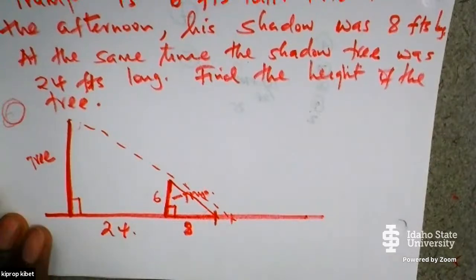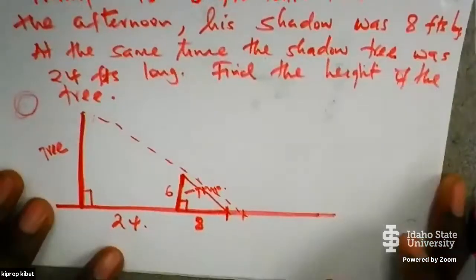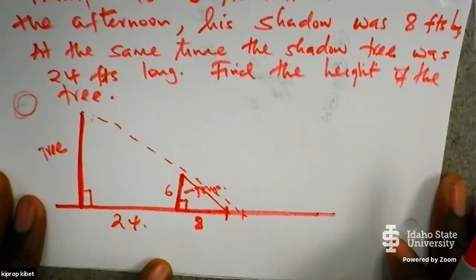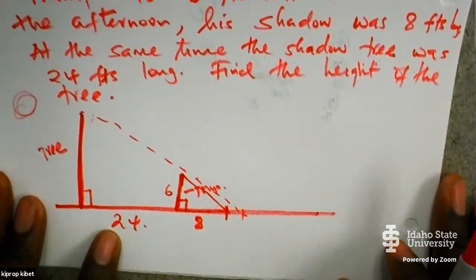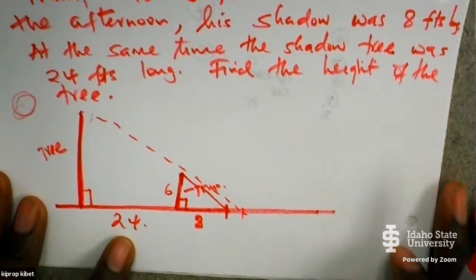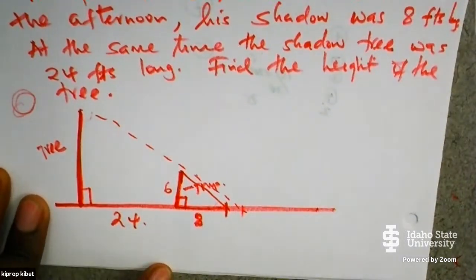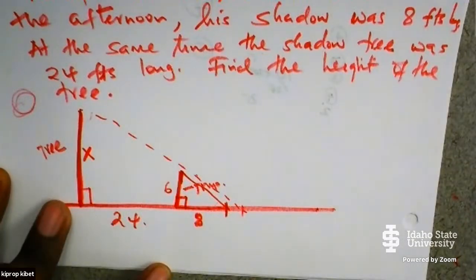So what is the height of the tree? What do you do? The tree would be x, so you can put the tree to be X.